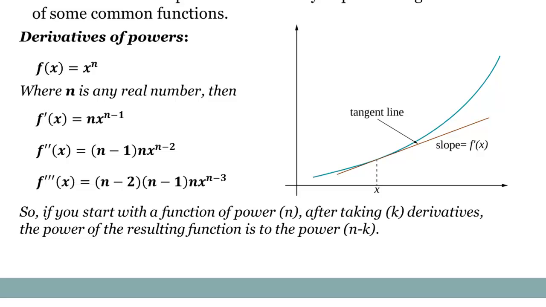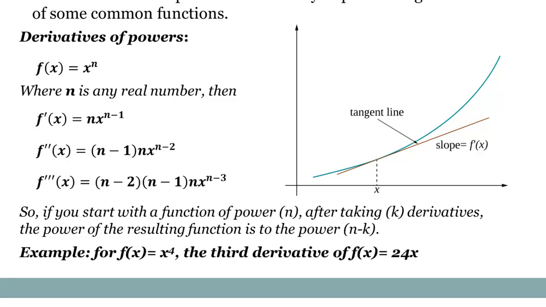So if you start with a function of power n, after taking k derivatives, the resulting function has a power of n minus k.